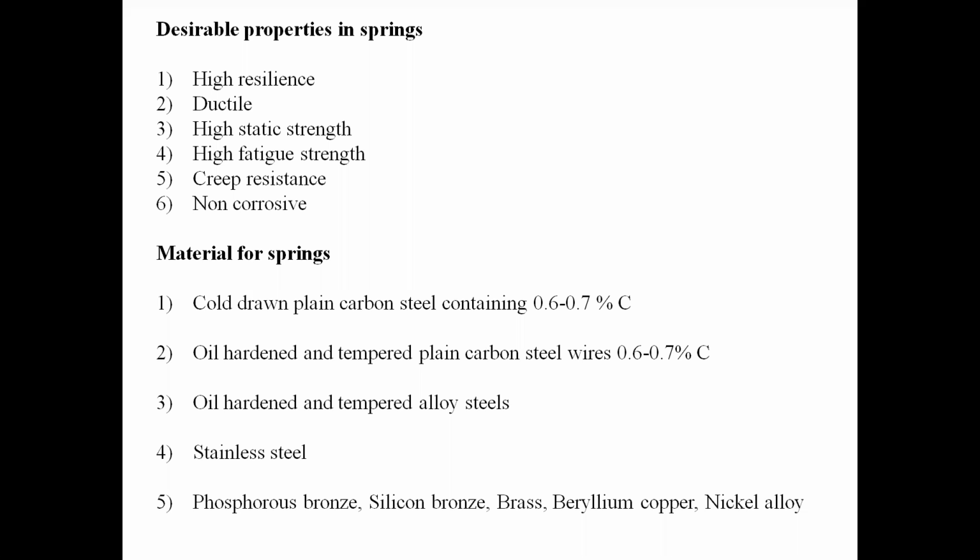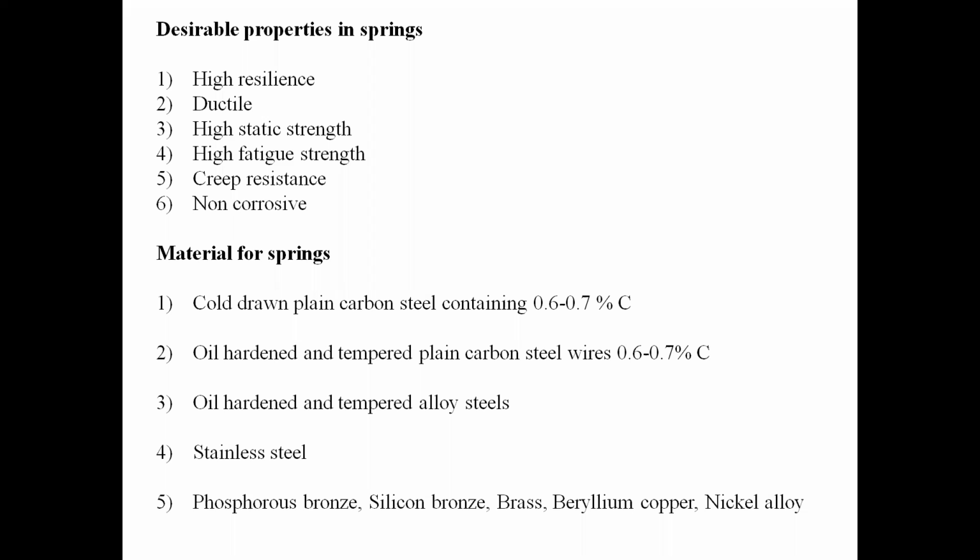We need to incorporate such manufacturing processes on the plain carbon steel so that the property to store energy can be there. Then oil hardened and tempered alloy steel. So hardening and tempering is required. You can have stainless steel, or other materials like phosphor bronze, silicon brass, beryllium copper, nickel alloy. Our simple copper is not useful.